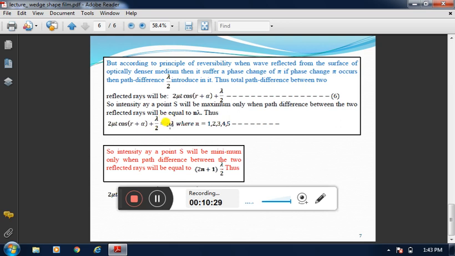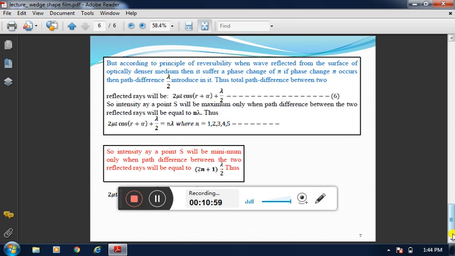The 2 and 2 cancel, so twice mu t cos (r plus theta) plus lambda by 2 is equal to n lambda, where n is 1, 2, 3, 4, 5 and so on. And for the dark fringe or minima, it is twice mu t cos (r plus theta) plus lambda by 2 equal to (2n plus 1) lambda by 2.